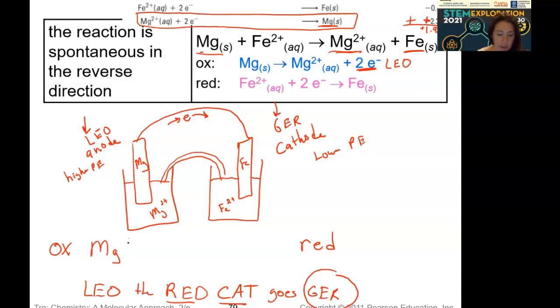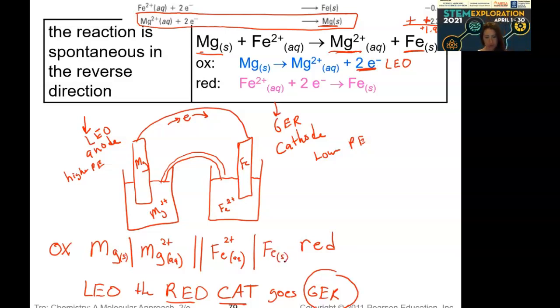magnesium as our solid, our phase change, Mg aqueous, 2 plus, salt bridge, Fe 2 plus, aqueous, a different phase, aqueous versus solid, Fe solid.